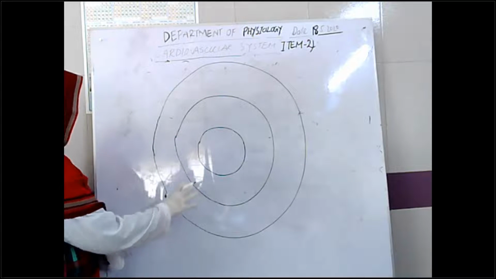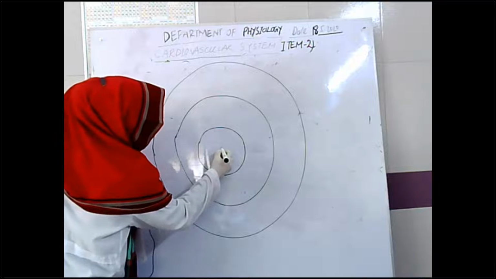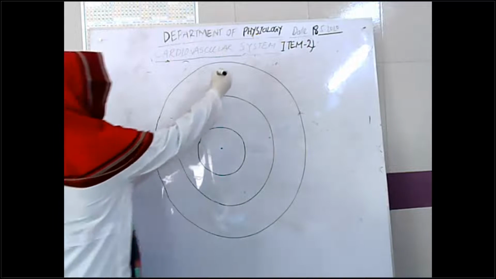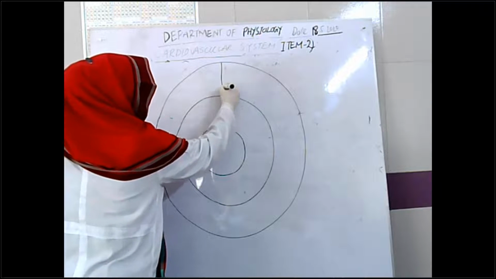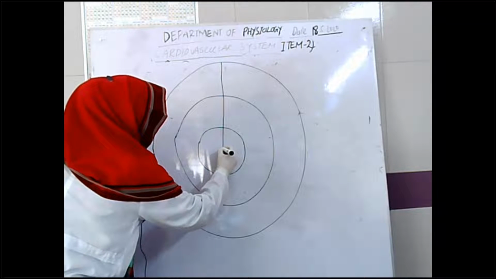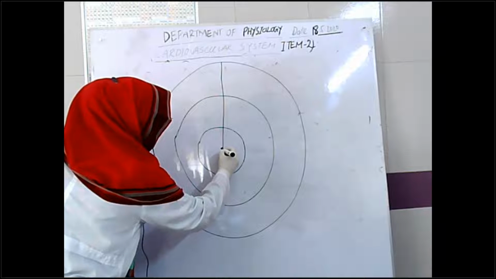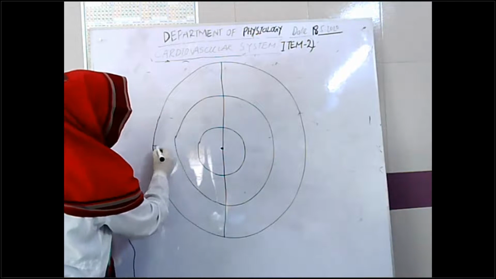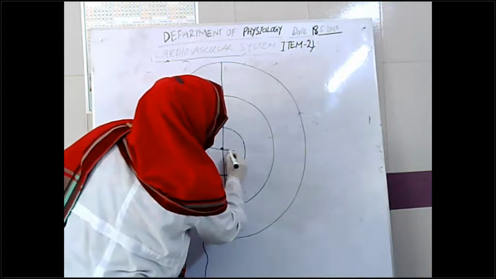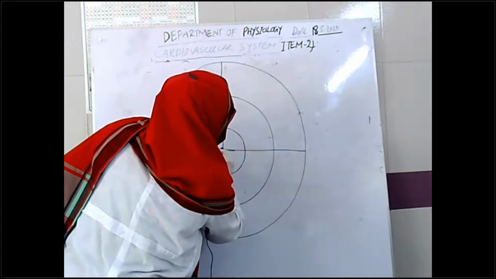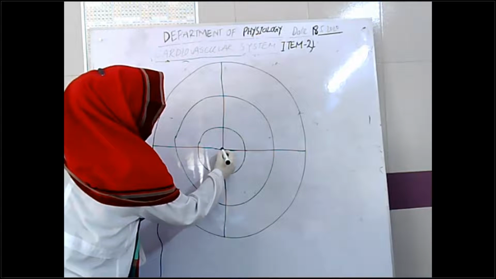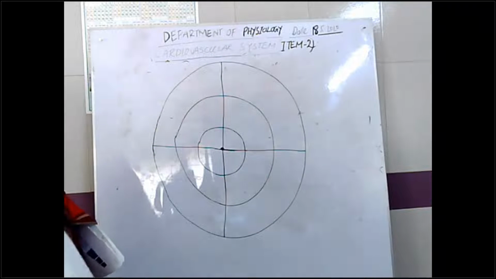Draw 3 circles here and put the middle point in the first circle, and give one longitudinal line and one transverse line through the midpoint of the first circle.